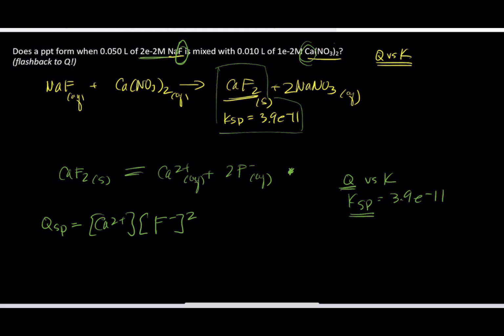So if I have 0.02 molar and 0.05 liters, so 0.05 times 0.02, I have 0.001 of this raised to the second. And for the calcium, I have 0.01 liters of 0.01 molar, which is 0.0001.